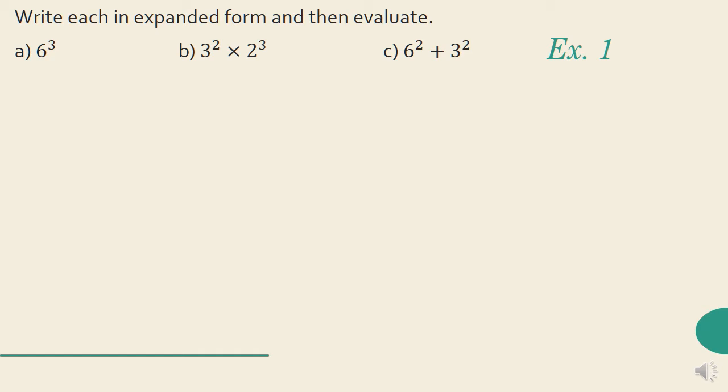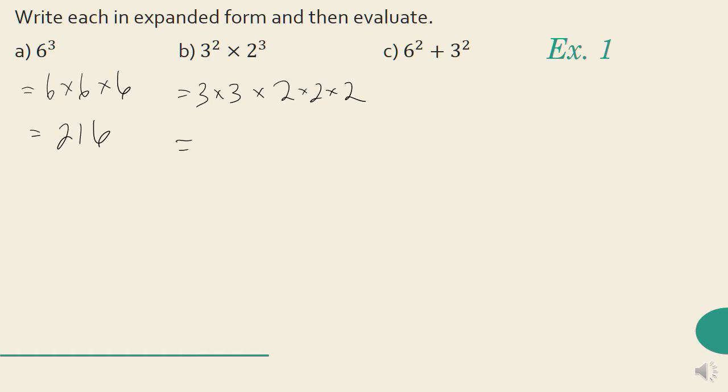So our first example, we are going to write each in expanded form and then evaluate. And again, this is basically the only thing we're going to do with expanded form, just a little warm up here. 6 cubed really is 6 times 6 times 6, which if you enter that in your calculator, is 216. 3 squared, which is 3 times 3, then times 2 cubed, which would be 2 times 2 times 2.